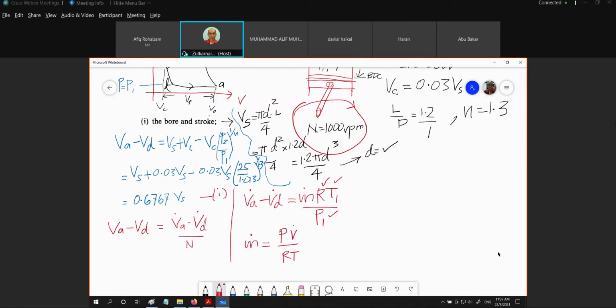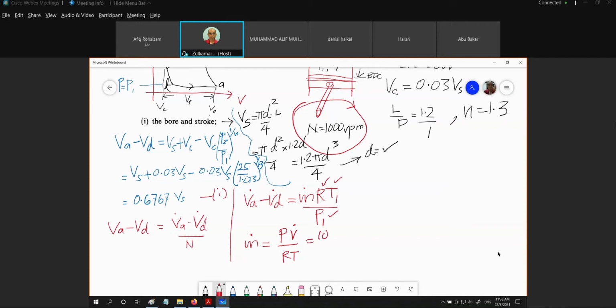If we are going to use the V dot right here, this V dot is the free air. So this is P, this is T. Don't put P1, T1, but the value is the same. Remember that, right? So what is P?